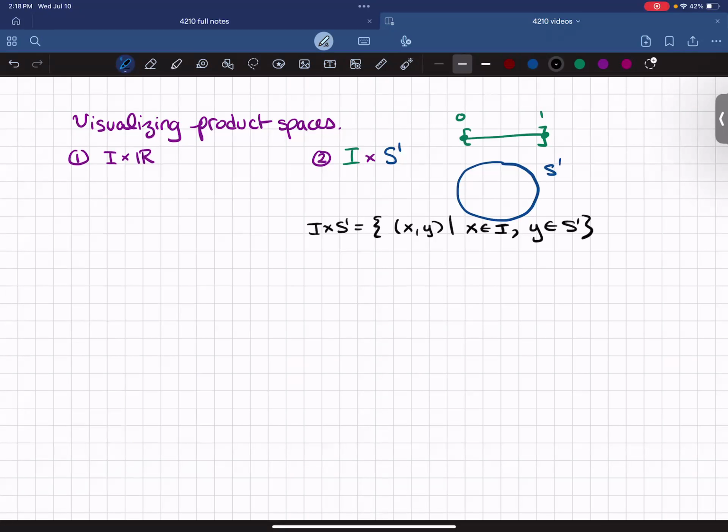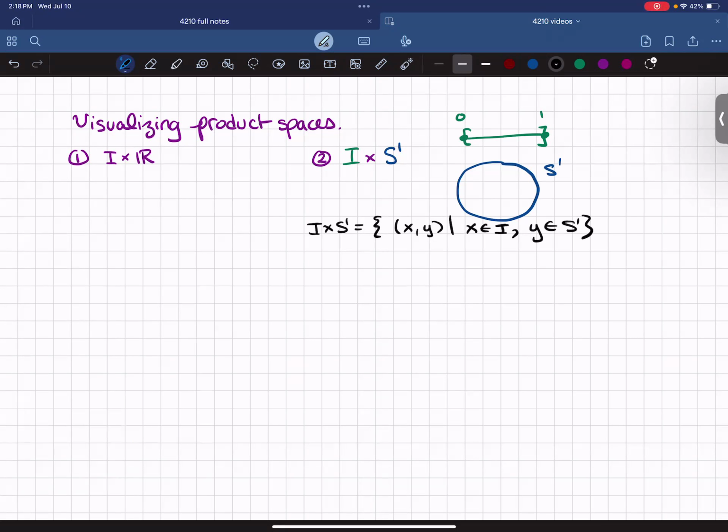So I want to have a way to visualize how I could make some sort of grid where the location on the grid would tell me the first coordinate is somewhere between 0 and 1, and the second coordinate is a location on a circle. Okay.